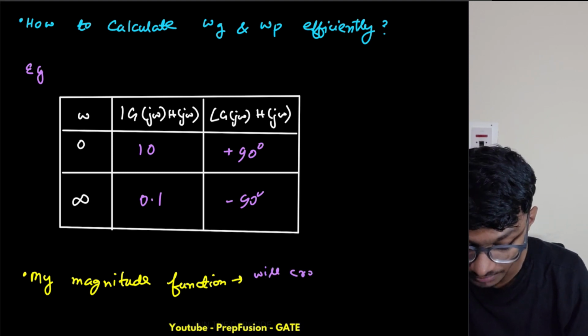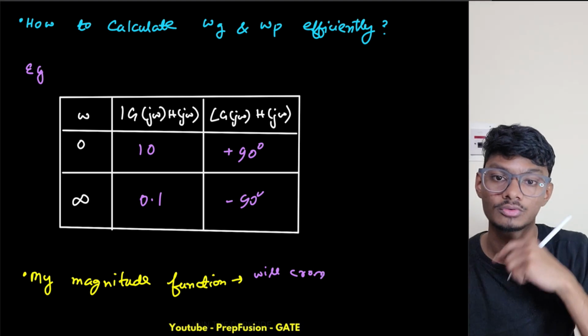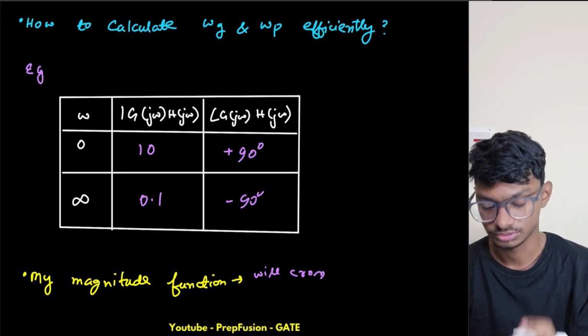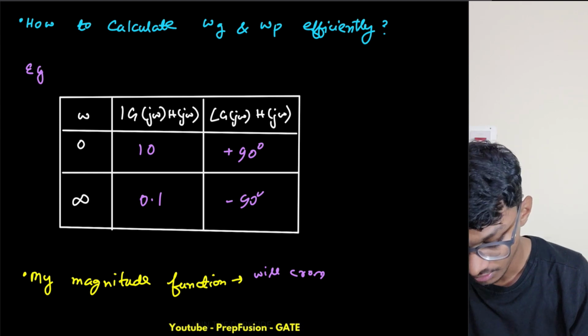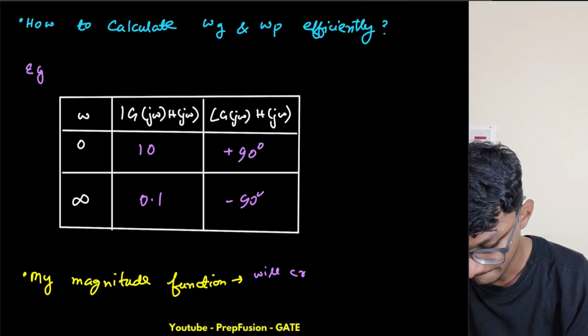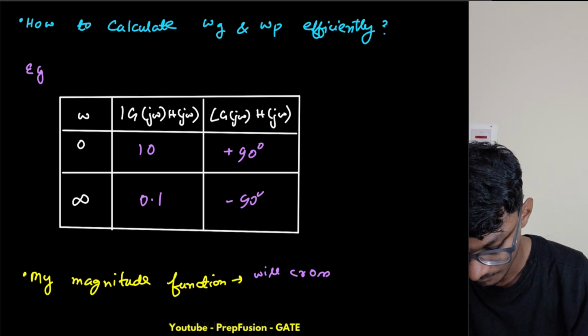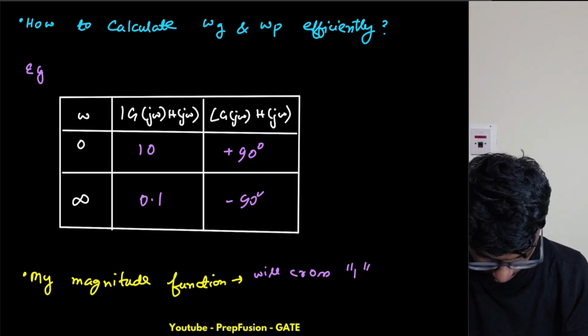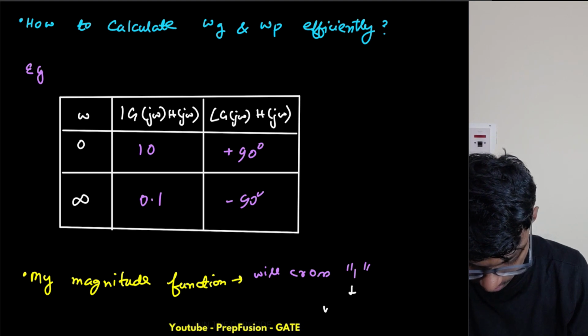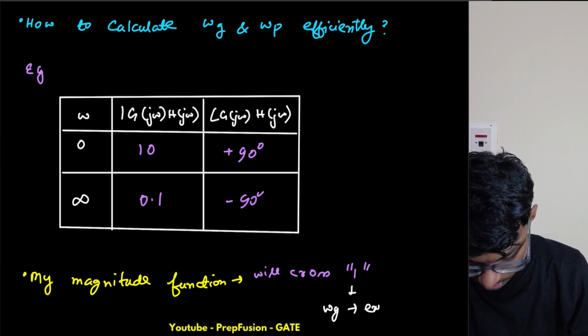This is just a shortcut method to find it out quickly. When you use the full method, then you will understand, and I will tell you that also. Hence omega g exists.